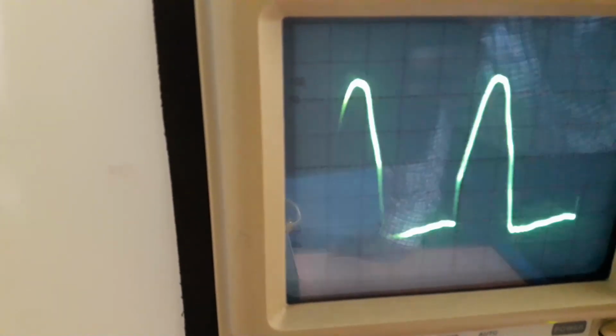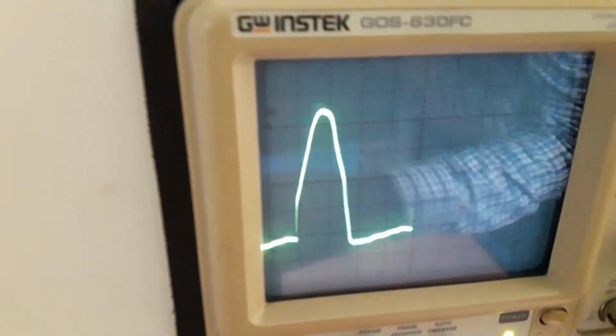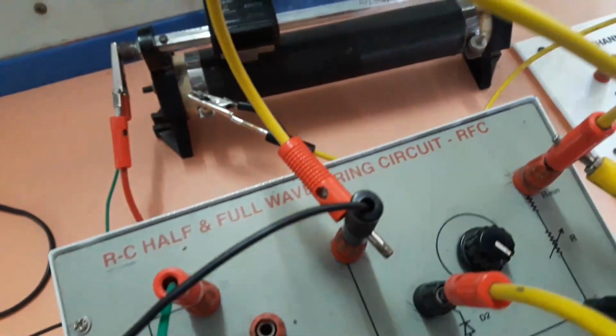Now I will show how to calculate the firing angle and beta from this wave. This is your half wave. Consider this as 180 degrees. This full wave is 360 degrees. First keep this resistance at minimum position, and you will get maximum voltage across the load.